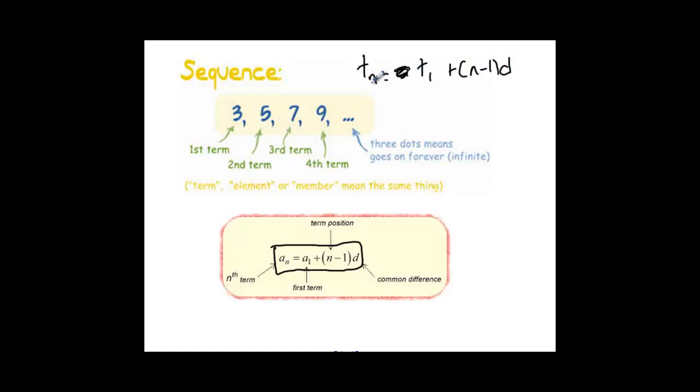Tn stands for the last term in the sequence, the one you're looking for. T1 is the first term. n is how many terms you're looking for, like 10 terms in. And d is the common difference. For example, in this example here, the common difference would be going up by 2, going up by 2, going up by 2.